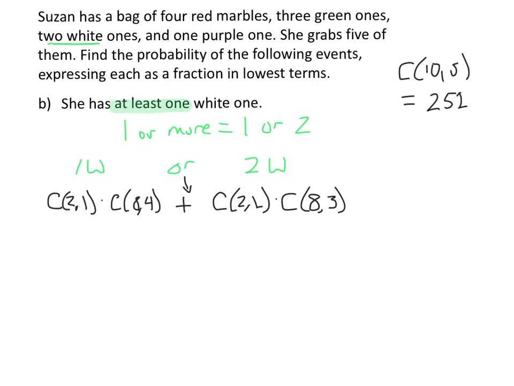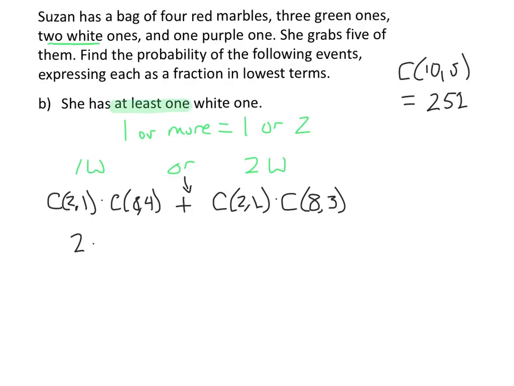So the combinations of 2 marbles taken 1 at a time, there's 2. The combinations of 8 marbles taken 4 at a time. So let's use our calculator, and we're going to put in 8, and then go to probability, and choose the NCR, because it's combinations. We don't care about the order.